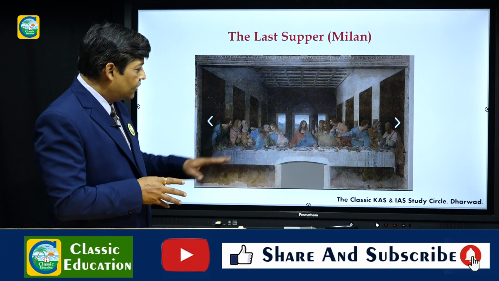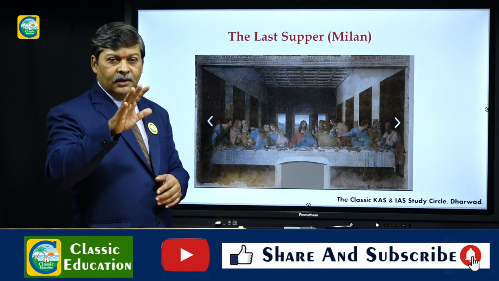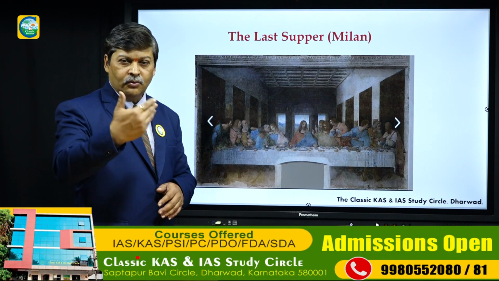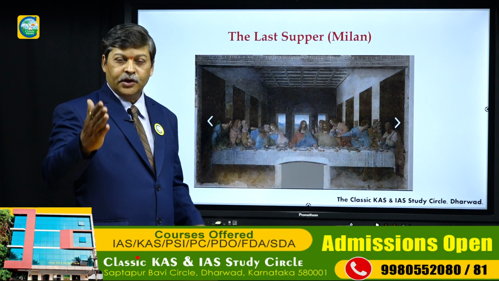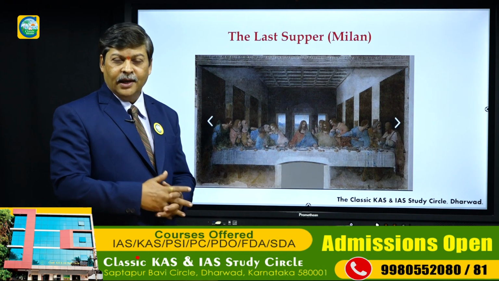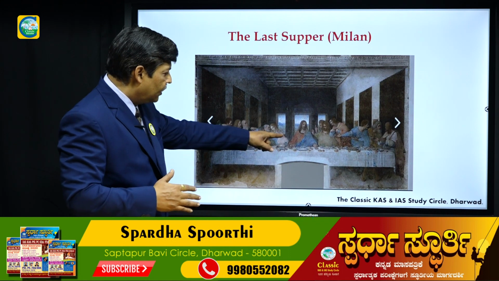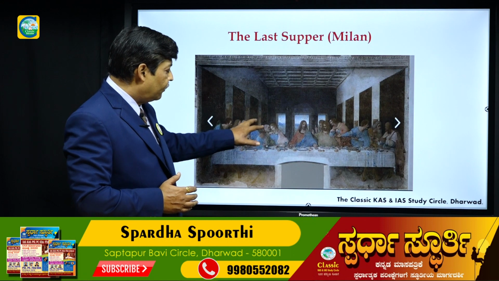What is significant here is that at his last supper, Jesus Christ announces that one of his disciples or apostles is going to betray him. He will deceive him. He has made this announcement, and you can see the expression of the apostles.